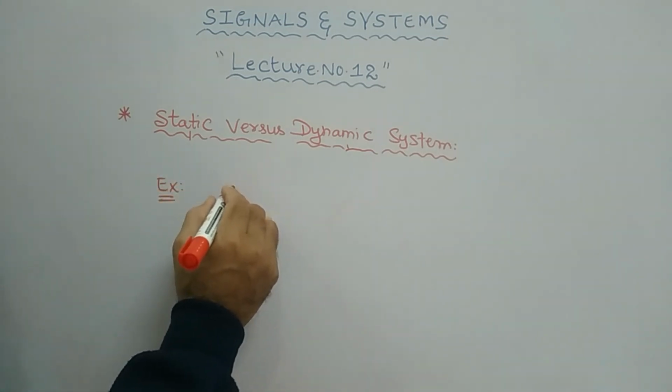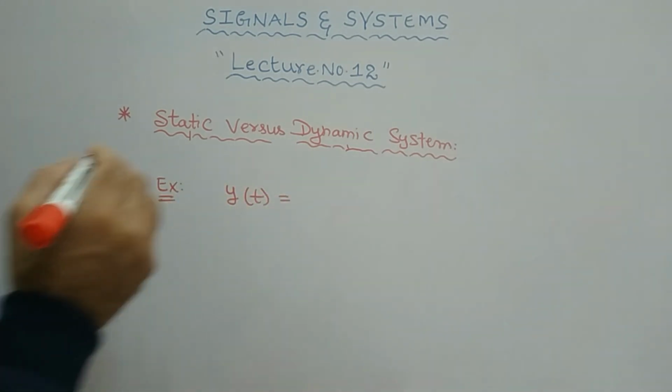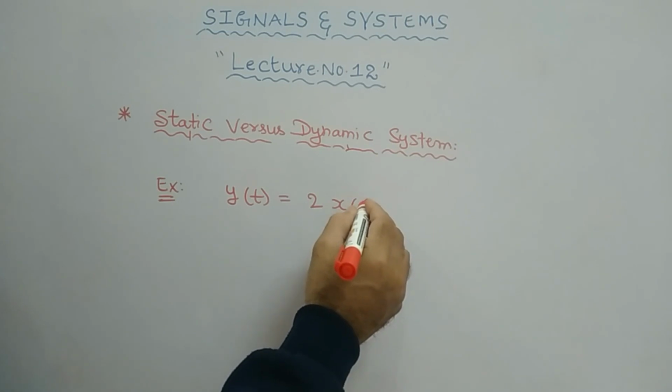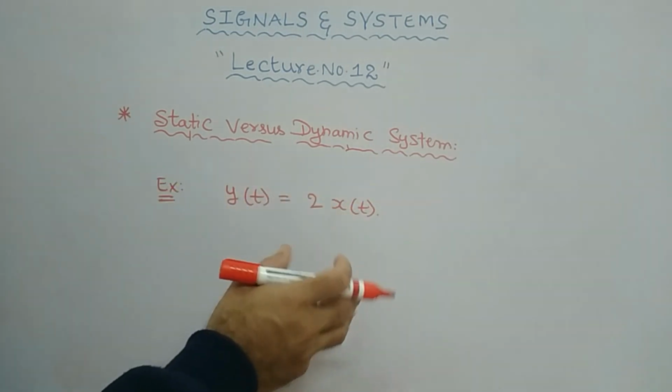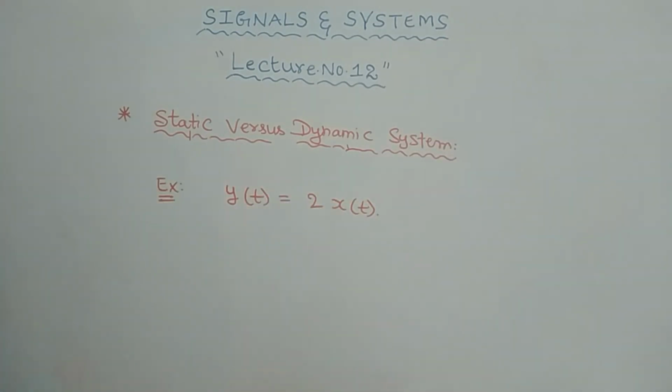For example, my output y of t is equal to 2 into x of t. For any given system, this is my output.